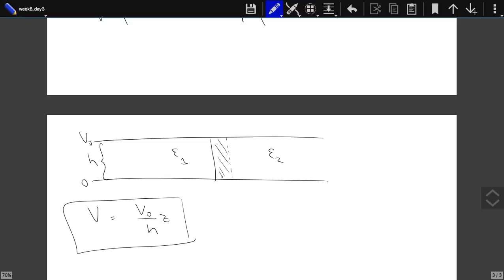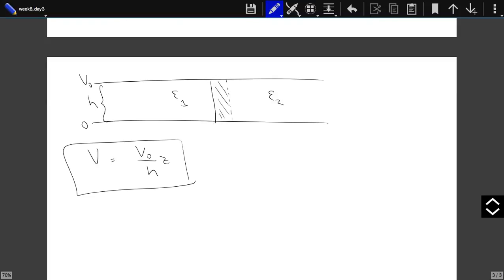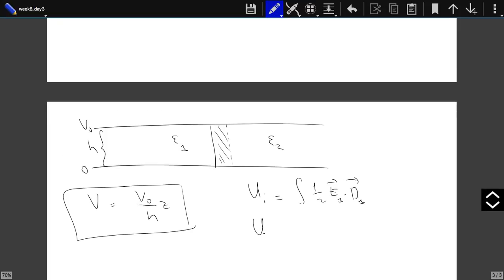So that means before, the energy in that volume only, initial, was 1 over 2 E1 D1. And then after we shift, it is 1 over 2 E2 D2, or 1 over 2 epsilon 1 E squared, 1 over 2 epsilon 2 E squared.